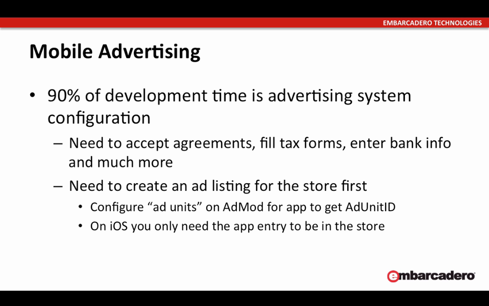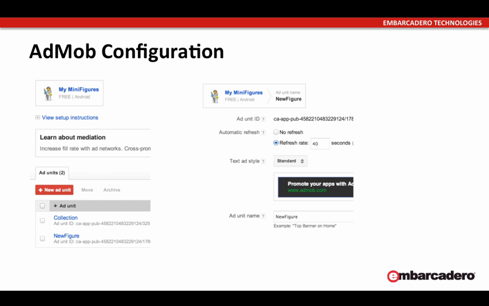For AdMob, you also need to create ad units, while on iOS, you need to create the app entry in the store even before you try it on your device, because that's the condition to be able to serve advertising. So you can create an entry in the App Store and not send the application, but you need the entry with the app ID before you can actually get any advertising to display.